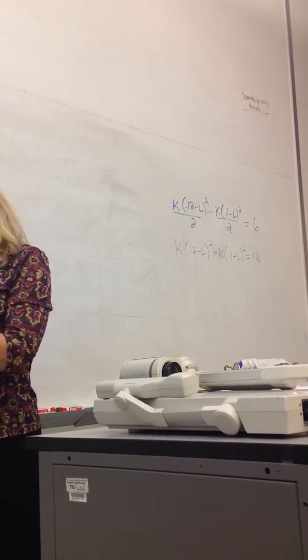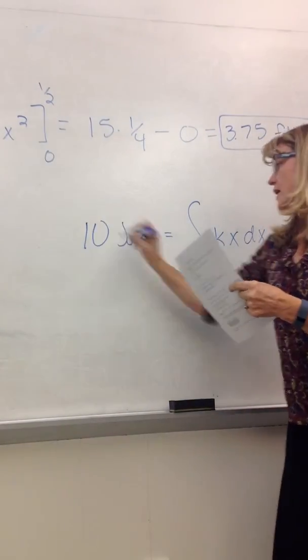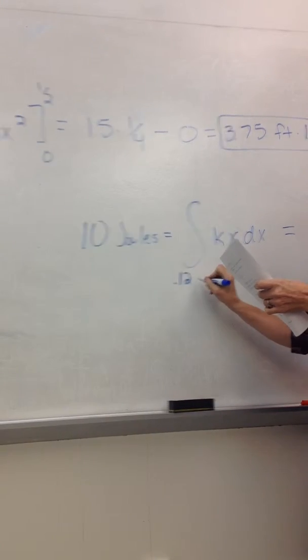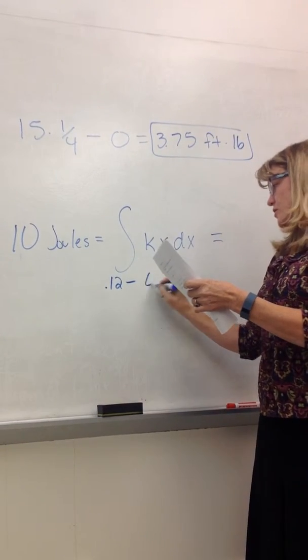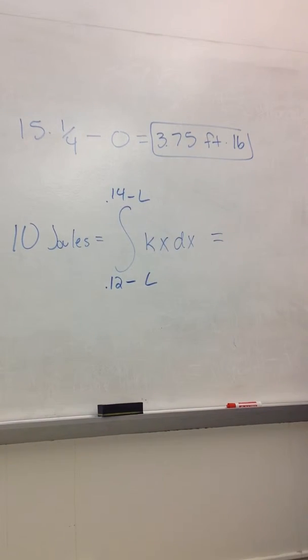So the second piece of information is that 10 joules of work were required to stretch it from 0.12 meters to 0.14 meters. And so we're going to get the same antiderivative.